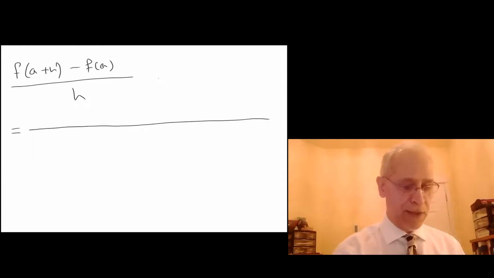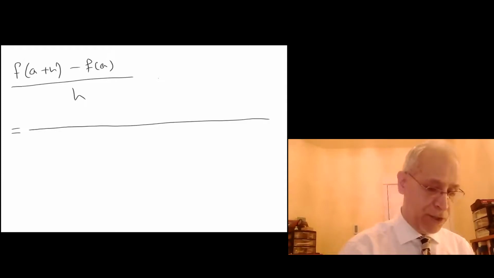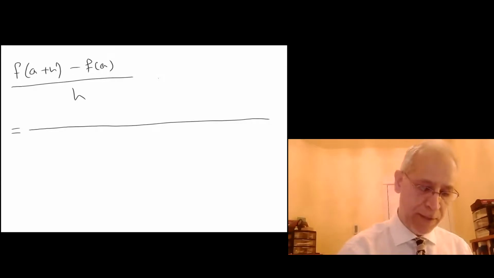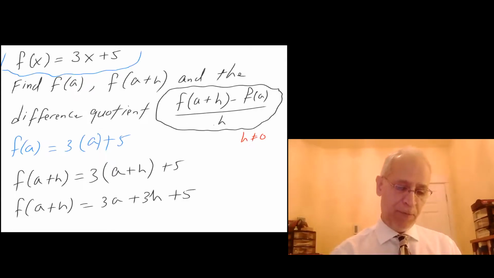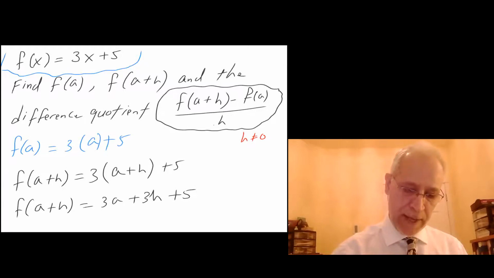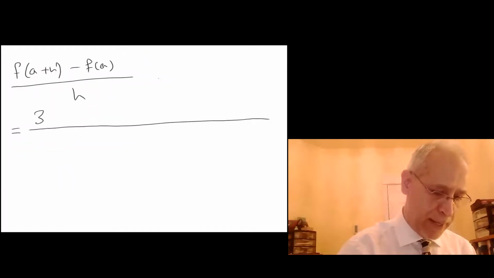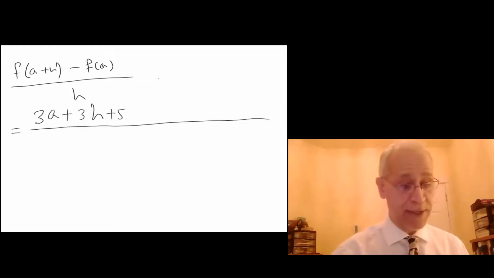We found that f of a plus h was, from the previous page, 3a plus 3h plus 5. So 3a plus 3h plus 5. This was my f of a plus h.